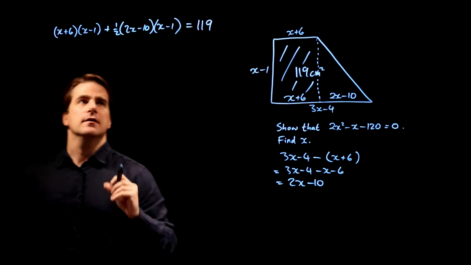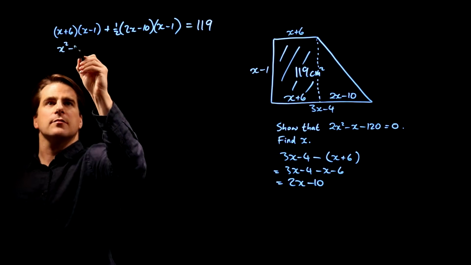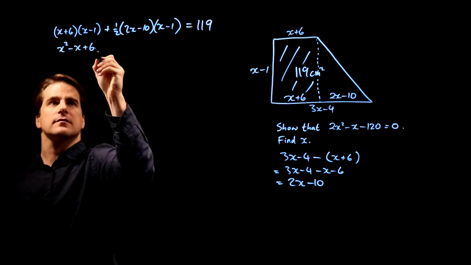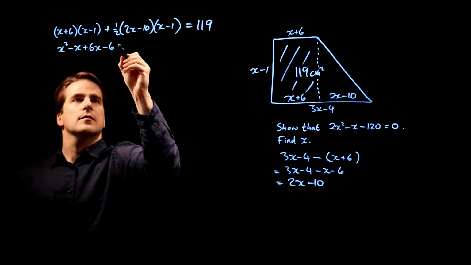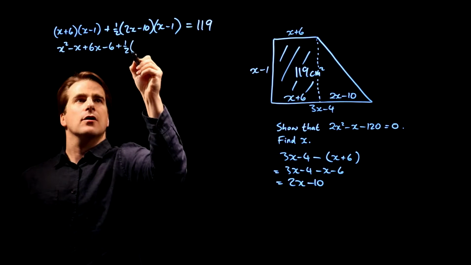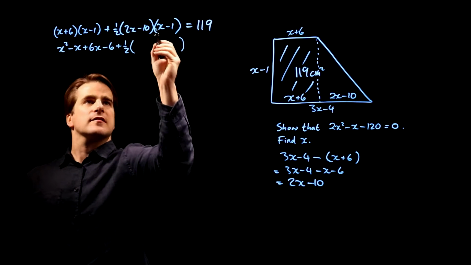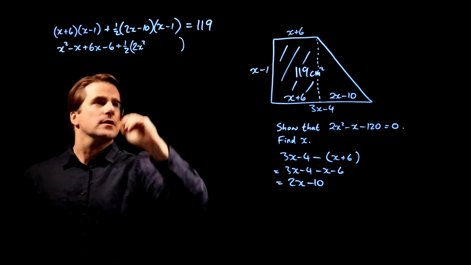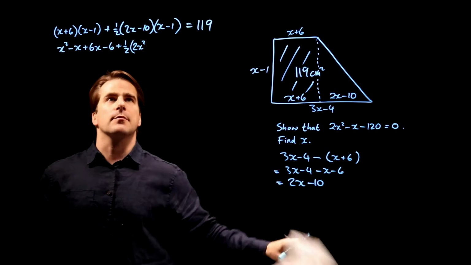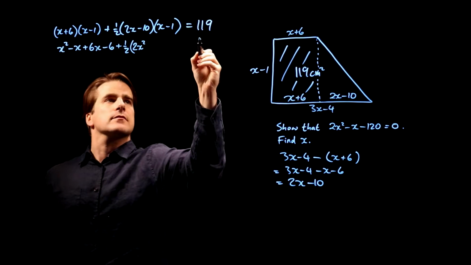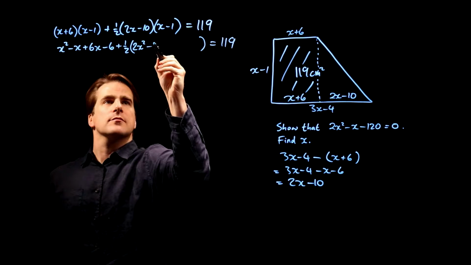So let's do it. Multiply out the brackets. x times x is x squared. x times minus 1 is minus x. 6 times x is 6x. 6 times minus 1 is minus 6, plus a half of whatever this bracket multiplied out is. 2x times x is 2x squared. 2x times minus 1 is minus 2x.